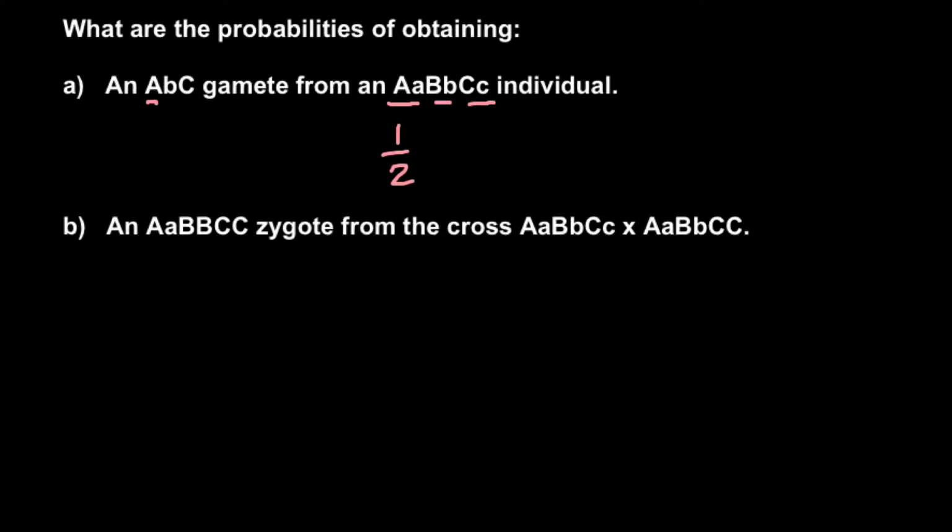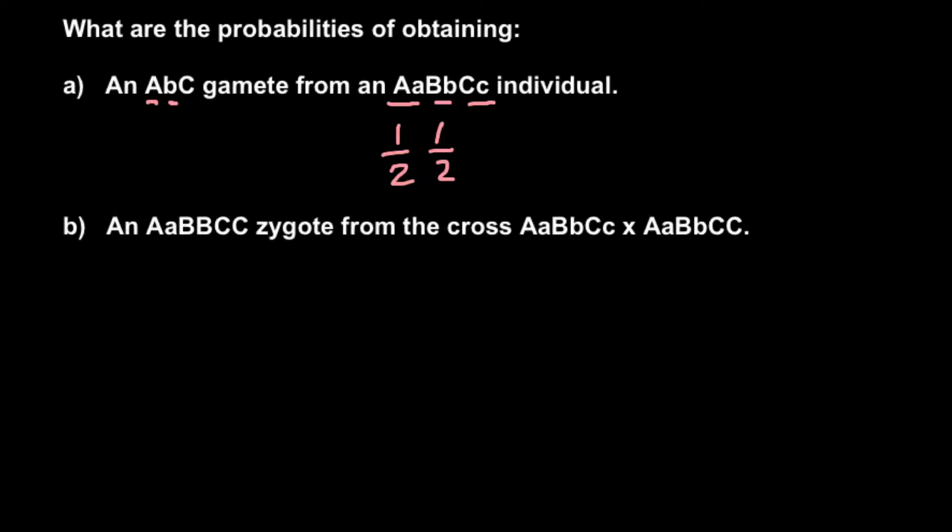So we have to solve this problem one gene at a time, or one allele at a time. So the probability that dominant allele A would go into the gamete would be 1/2, and the probability that small allele B or recessive allele B would go into the same gamete also would be 1/2.